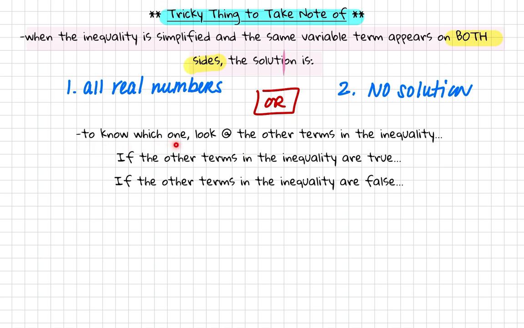So in order to know which one, you're going to look at the other terms in the inequality, because you'll see visually that you are going to have the same variable term appearing on both sides. Now, if the other terms in the inequality are true, then it's going to be all real numbers.